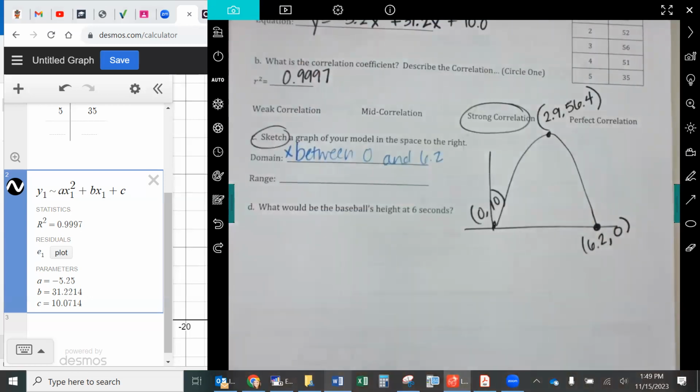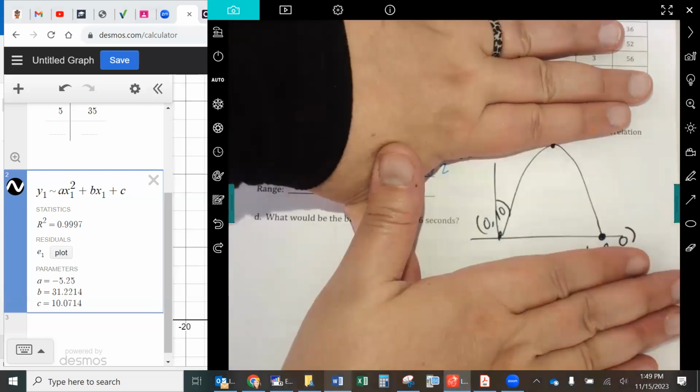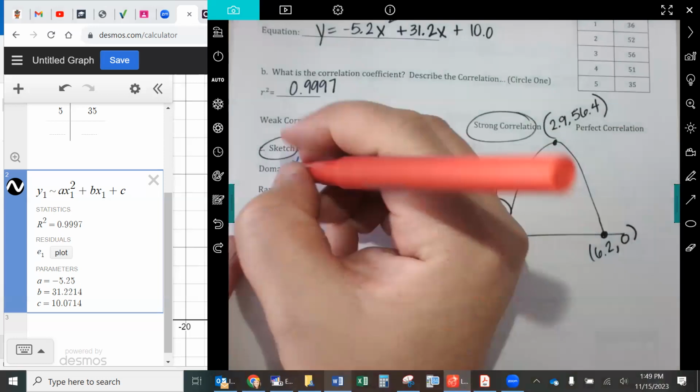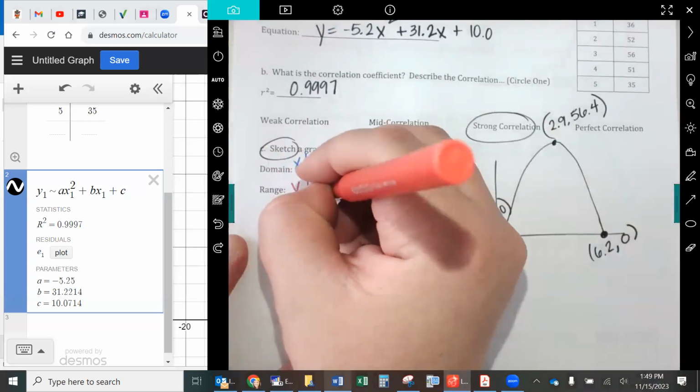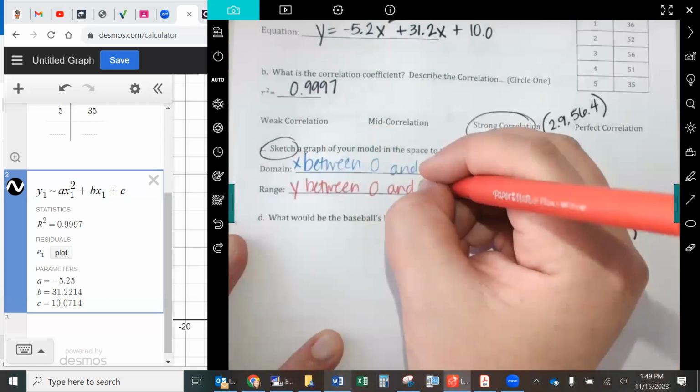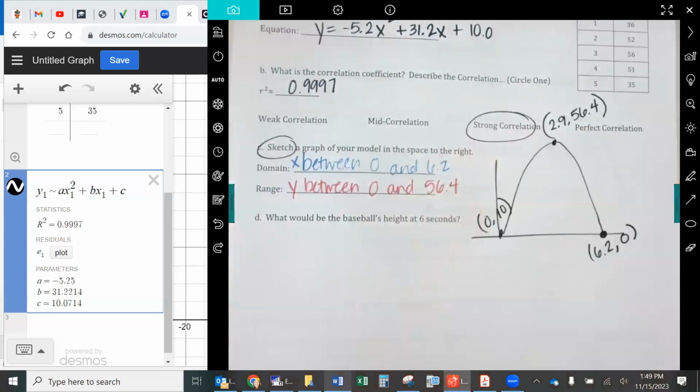And then for your range, instead of closing the doors, you're closing the windows this way. So it'd be from 0 till what? What's the high point? 56. So your y is between 0 and 56. Technically, it's 56.4.